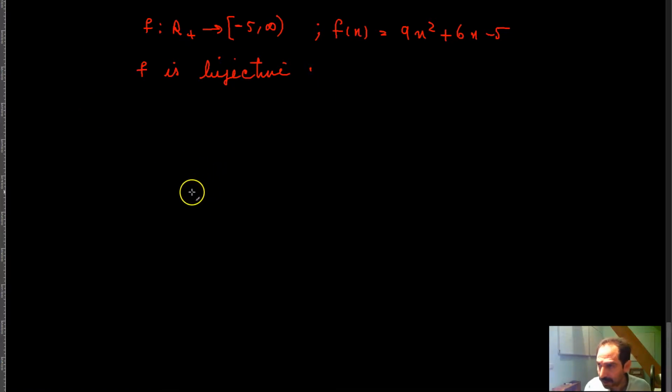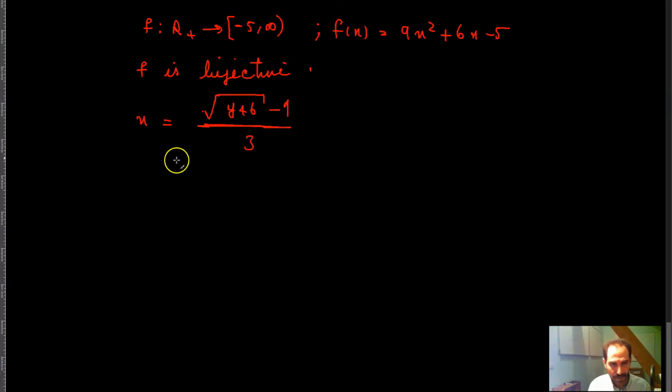So now in the algebra that we did before, based on this equation, we found that x is equal to the square root of y plus 6, minus 1, over 3. That was basically what we did before.